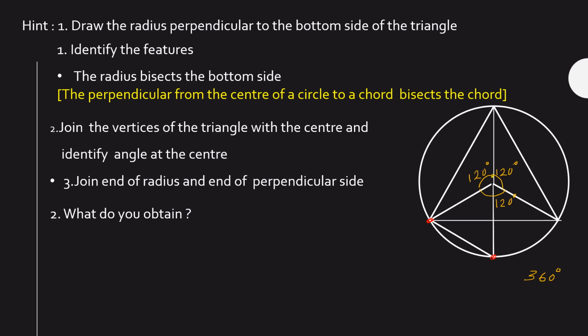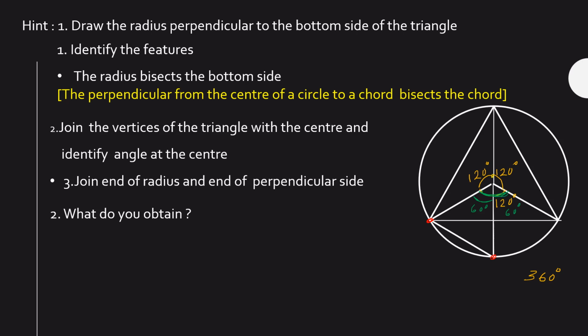Okay, before telling the angle, let's see some more properties. Here, this full angle is 120 degrees. So, what about this angle? Half of 120 degrees. And how? We have already discussed that the radius bisects the bottom side, and also the radius bisects the angle at the center. So this is 120 degrees, and so each of these will be 60 degrees.